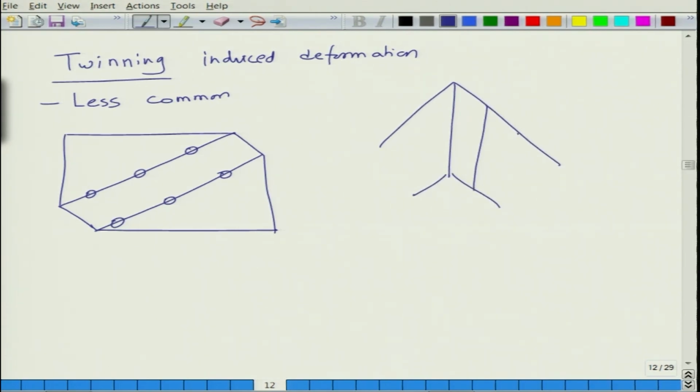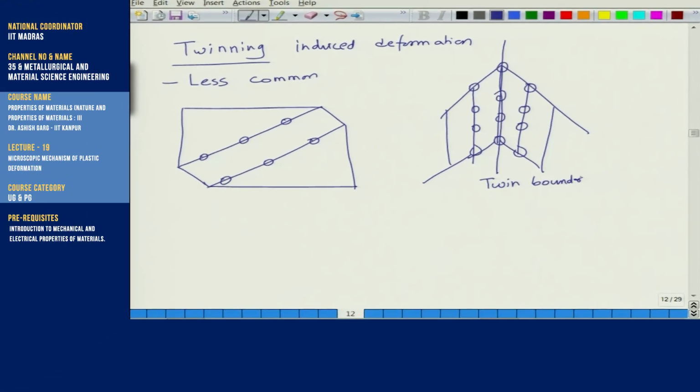If you draw the atoms in this fashion, this is the twin boundary, because the orientation of the crystals or grains is similar across this boundary. So, basically first you form a twin and then deform.